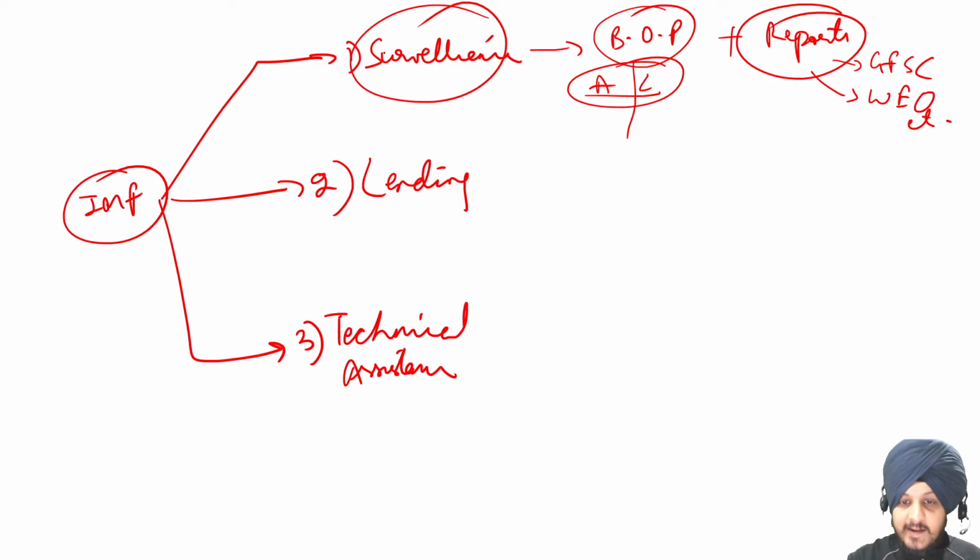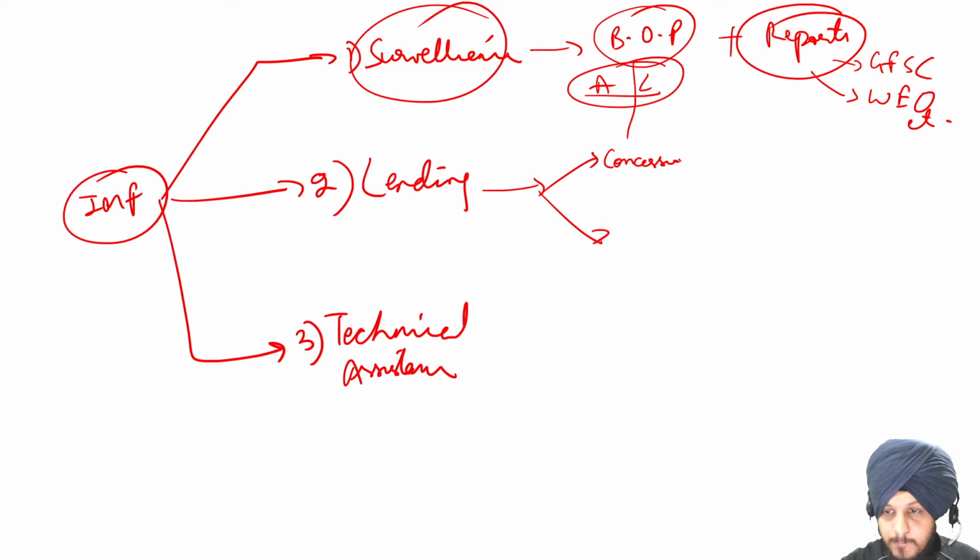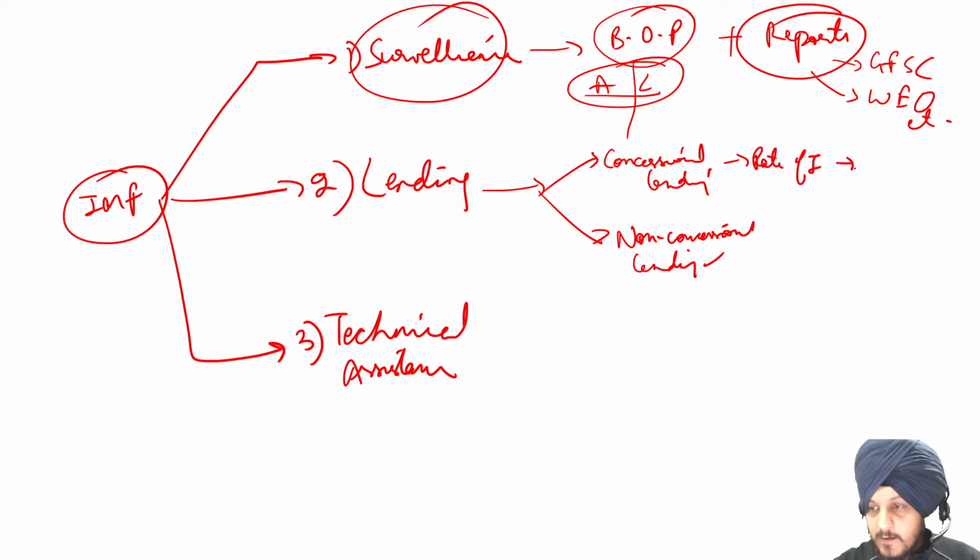Now the next is lending. When it comes to this role of the IMF, the IMF provides two types of lending. The first is concessional lending, and the second is non-concessional lending. So what is concessional lending? Here the rate of interest is very low, or a lot of times it is zero, for the poor and vulnerable countries.